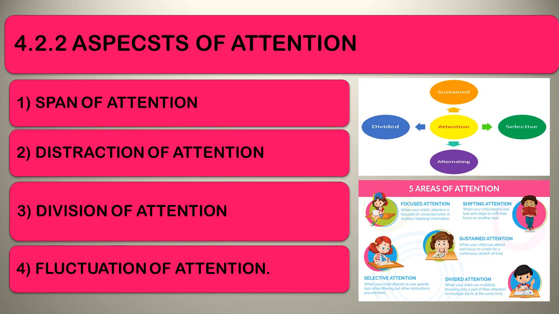There are various aspects of attention. Some of them that we are going to study in this lecture are span of attention, distraction of attention, division of attention, fluctuation of attention. Now, we are going to study each of these aspects of attention in detail.